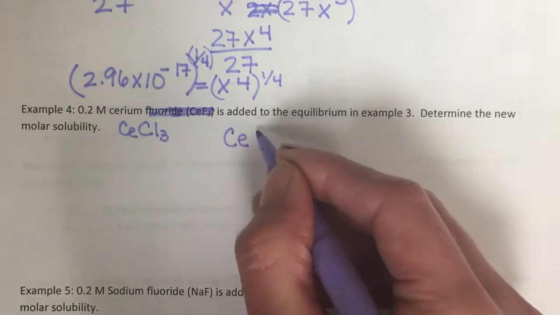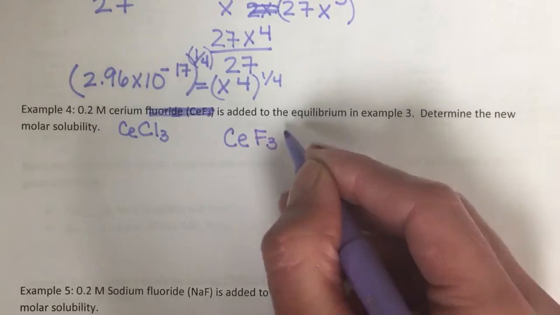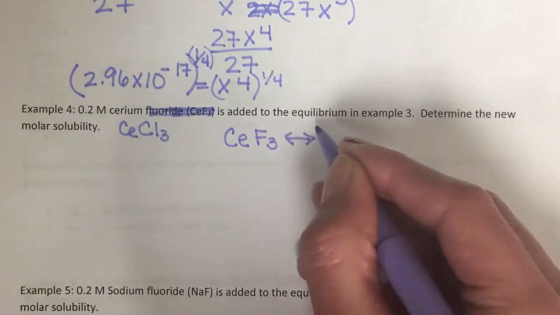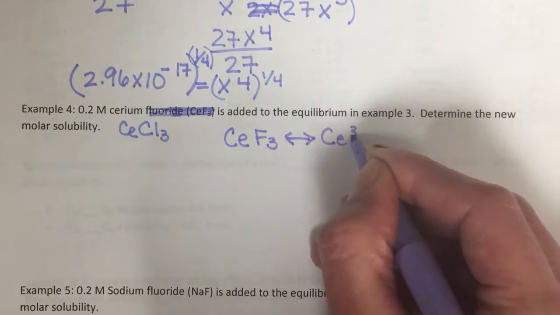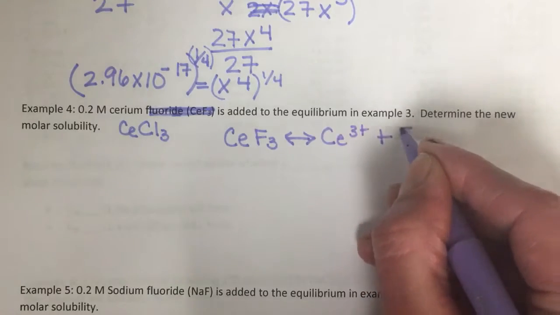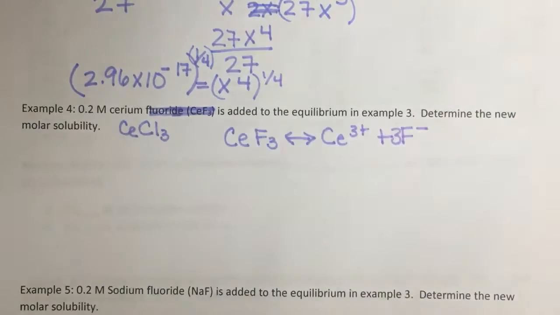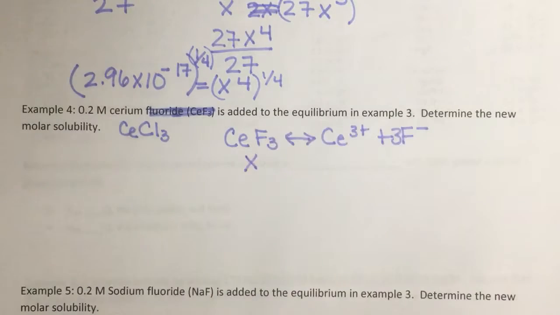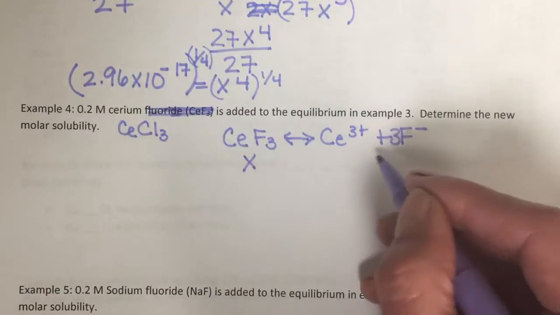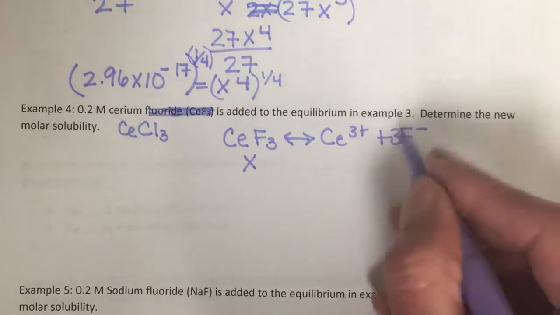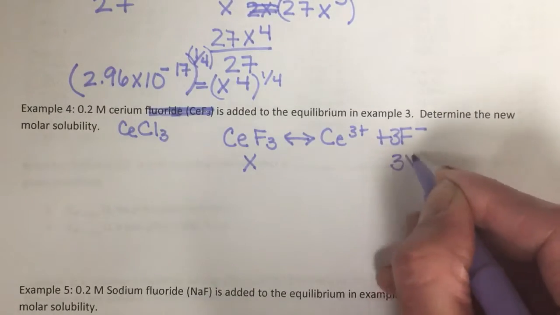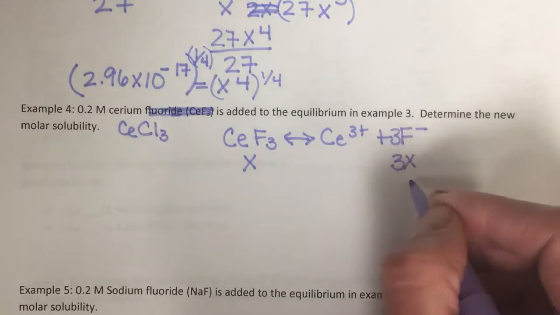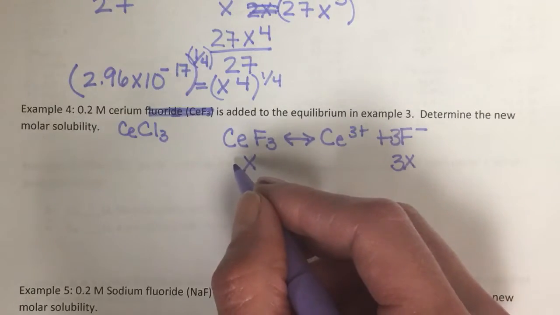I've got CeF3. It breaks into Ce3+ and 3F-. I still want to figure out how much of this is able to dissolve. I know that this is still a 1-to-3 ratio, so this is 3x because it's 3 times as much.